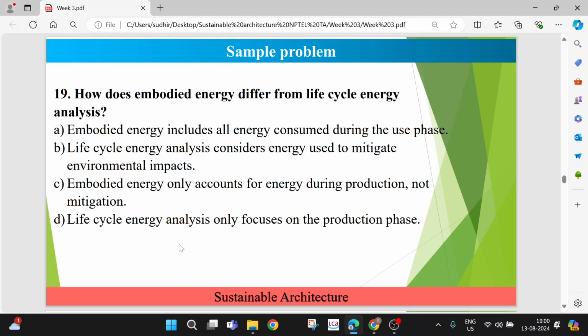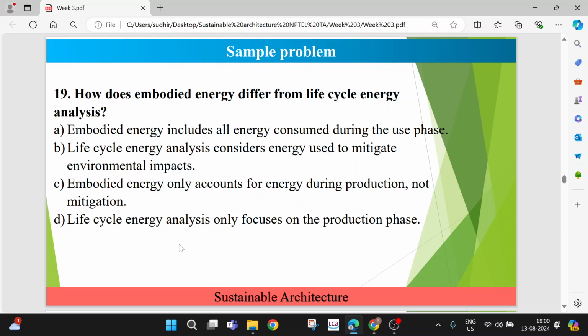Sarath is also saying C. C is the right answer for this question. That is, embodied energy only accounts for the energy during the production, not through the mitigation.